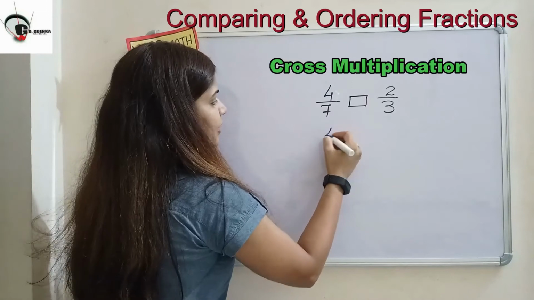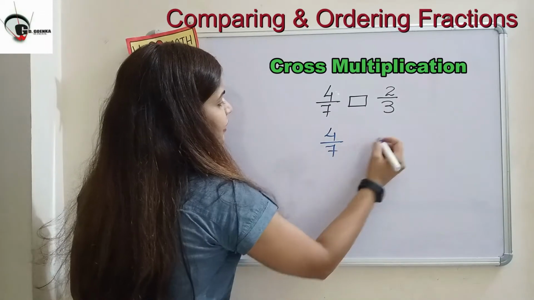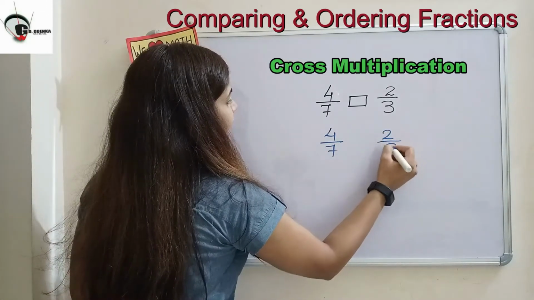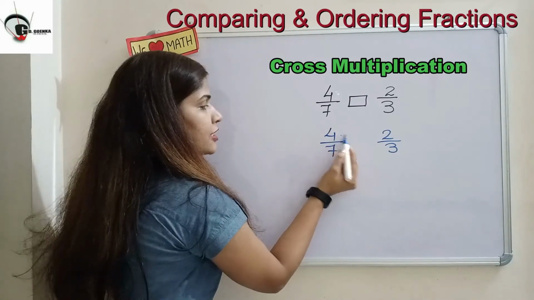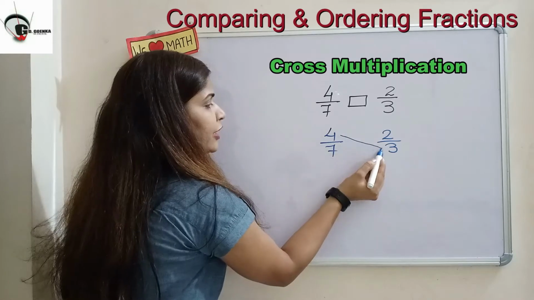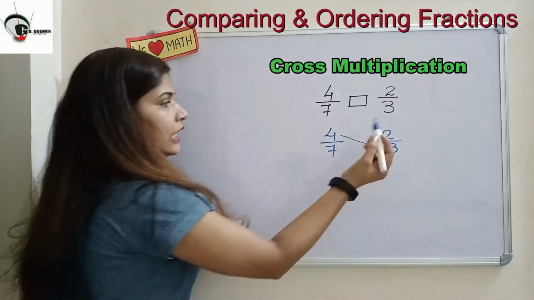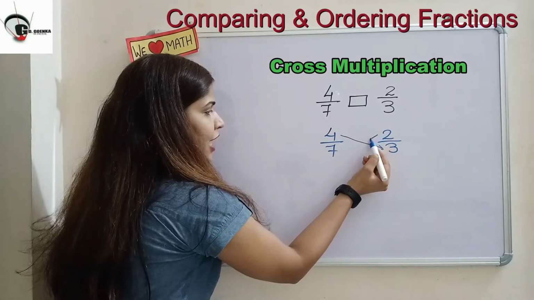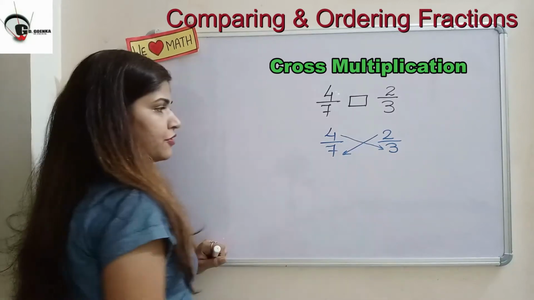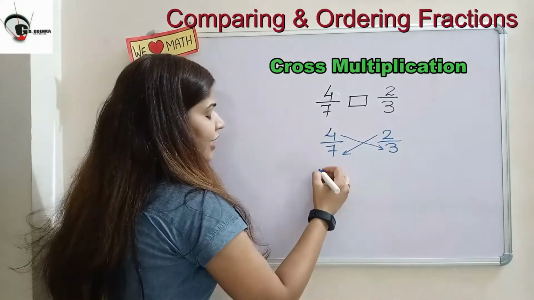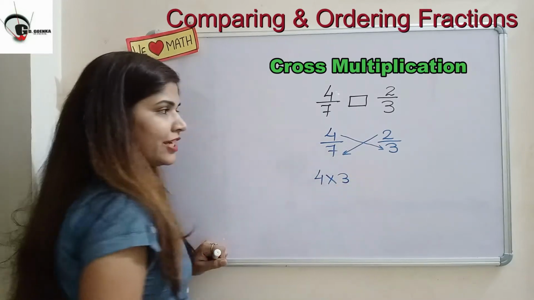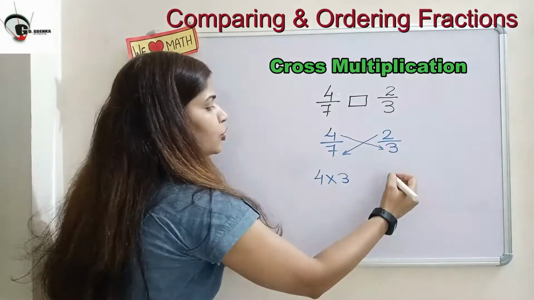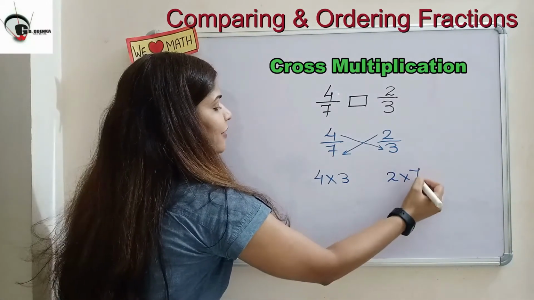Let us see. It is 4 upon 7 and it is 2 upon 3. I am going to multiply the numerator of the first fraction by the denominator of the second fraction, and the numerator of the second fraction by the denominator of the first fraction. So if I write it down like this, 4 multiplied by 3, and 2 multiplied by 7.